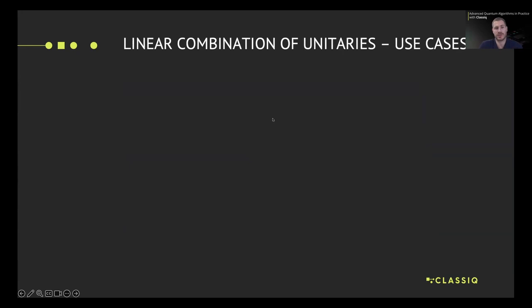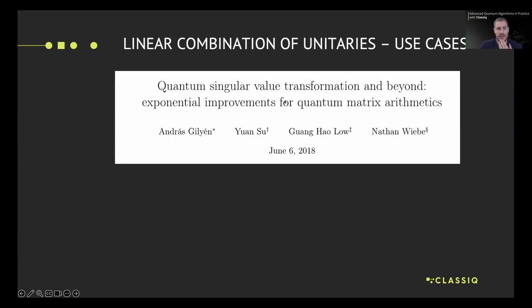So let's discuss some use cases where it is used. This is a general framework of quantum algorithms, and there is a paper called Grand Unification of Quantum Algorithms, which is an extension of this paper: Quantum Singular Value Transformation and Beyond.